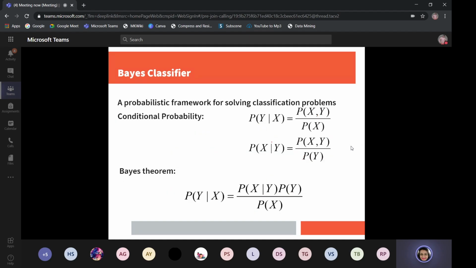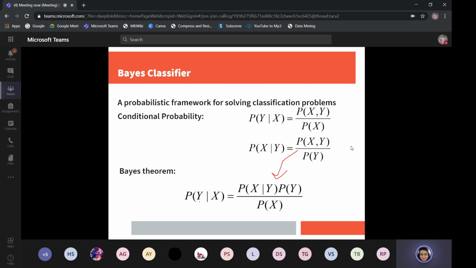When you are computing P(X union Y), you simply have to substitute this to get the formula. Otherwise you can simply remember the formula.